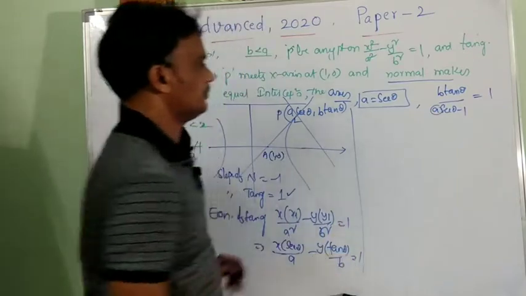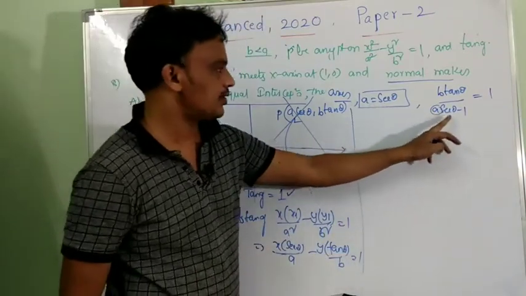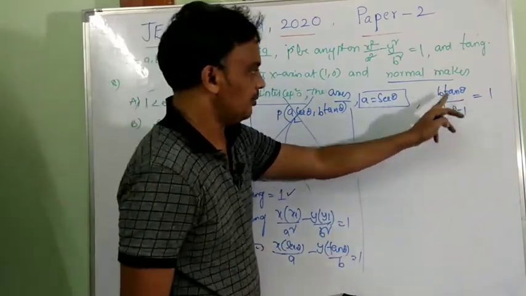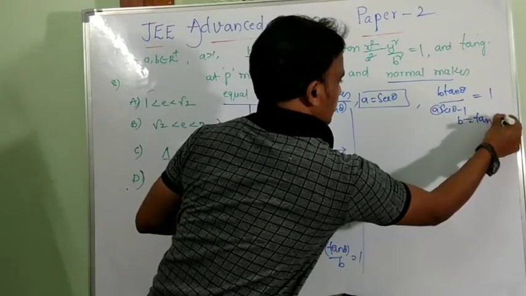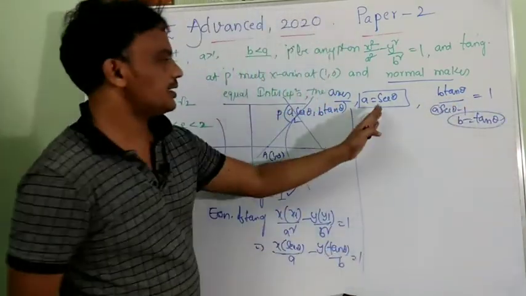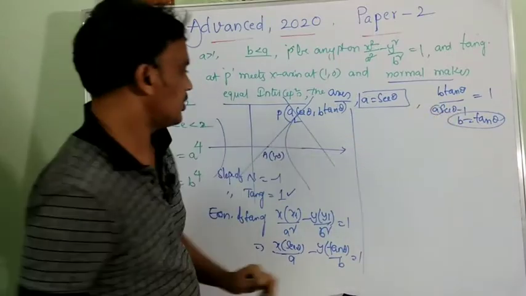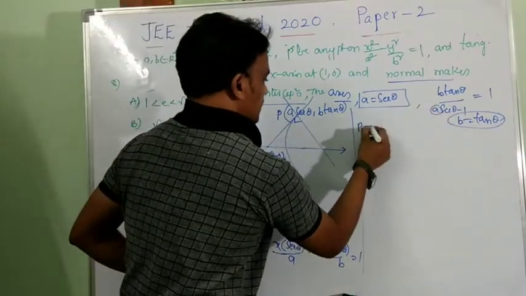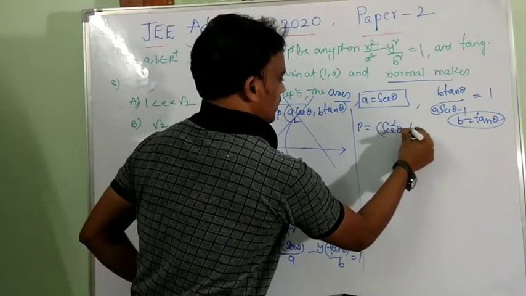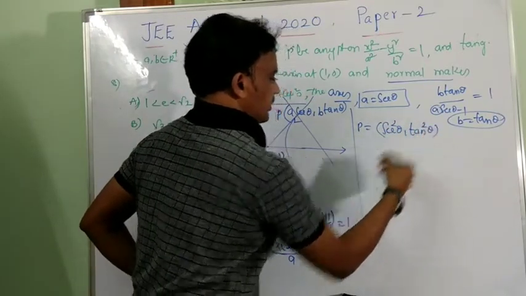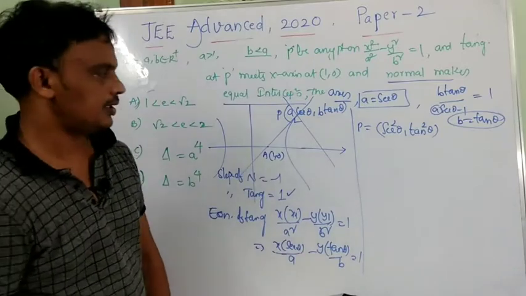Actually a is secant theta, so secant square theta minus 1 is tan square theta, and b tan theta by tan square theta. So b is tan theta, and a is secant theta. Then the point P is a secant square theta and tan square theta. That is about the point.